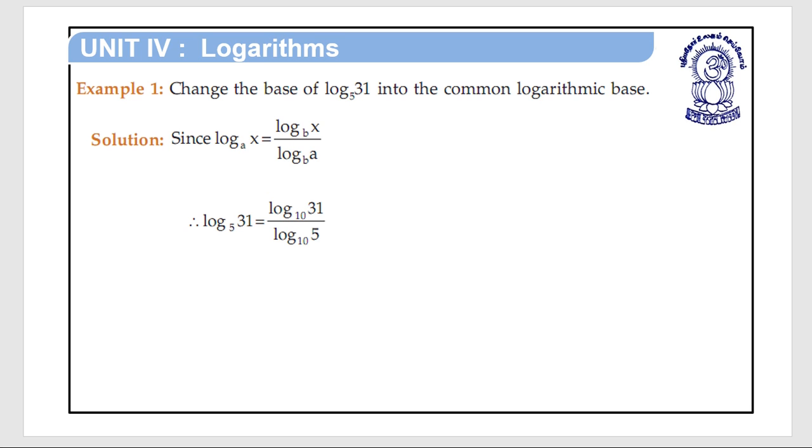Next, change the base of log 31 into the common logarithmic base, because here the base is 5. So log 31 to the base 5.